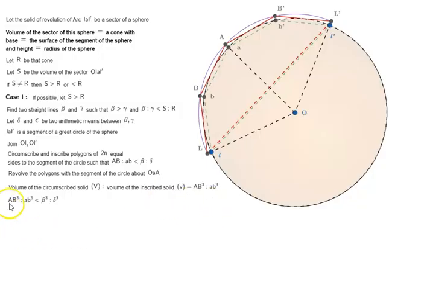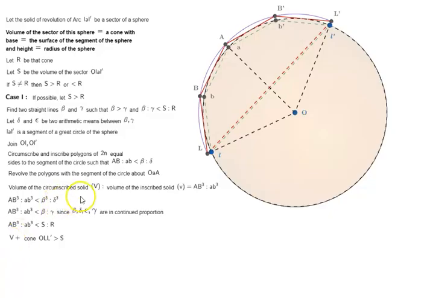Now, which means AB cube is to AB prime cube is less than beta cube is to delta cube, which in turn means, remember, beta, delta, epsilon and gamma are in continued proportion, so AB cube is to AB prime cube is less than beta is to gamma, which in turn means AB cube is to AB prime cube is less than S is to R. Capital B plus cone OLL prime is greater than S. We know that.